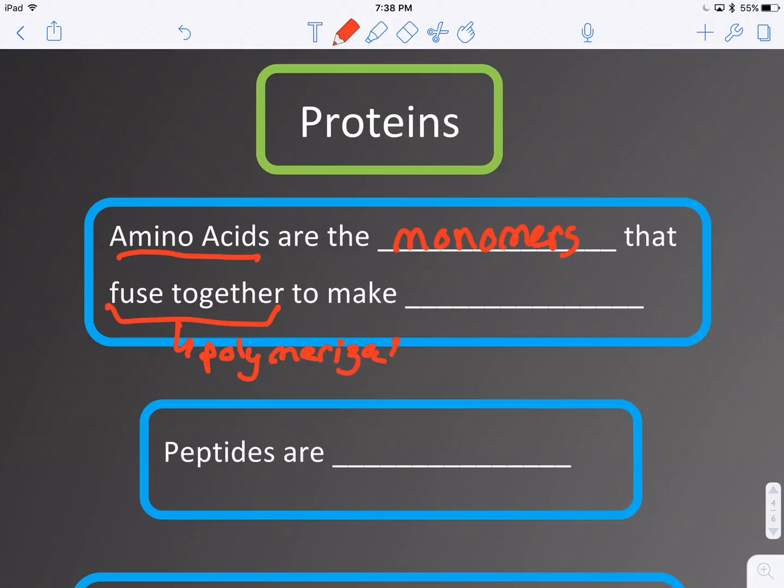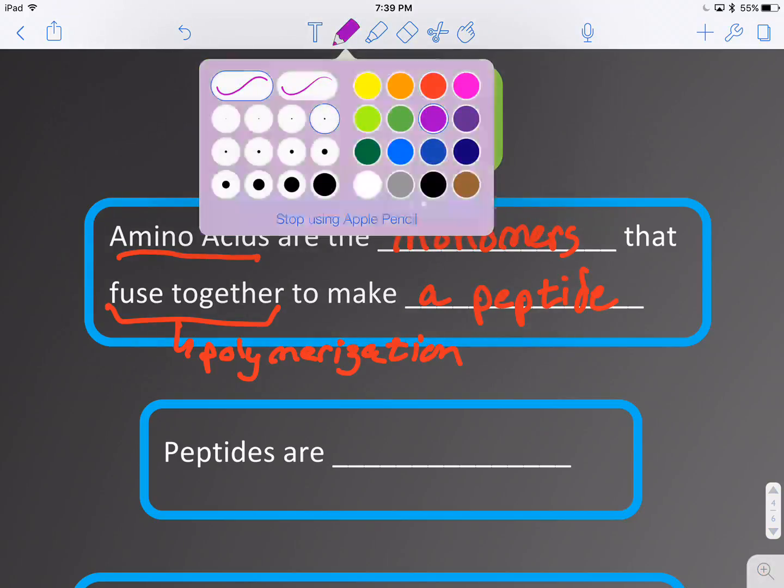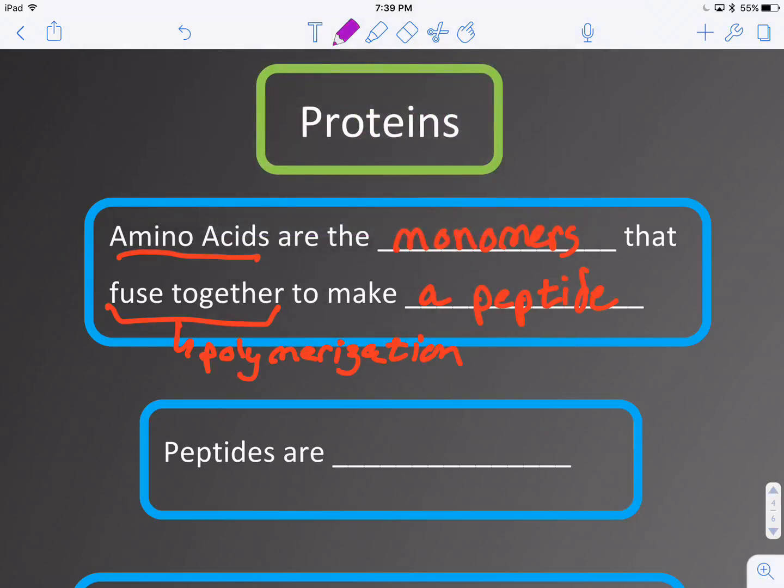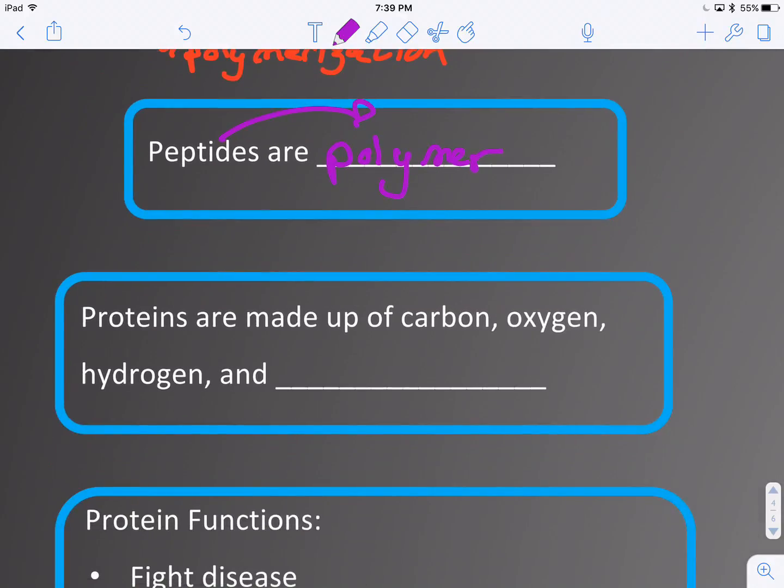They fuse together and make something that we call a peptide. So it is the peptide here that is the polymer. Amino acids are the monomers and peptides are the polymers. So peptides are made up of amino acids.